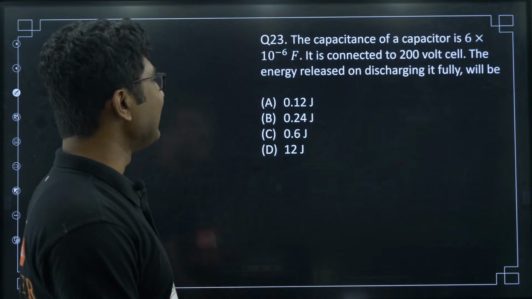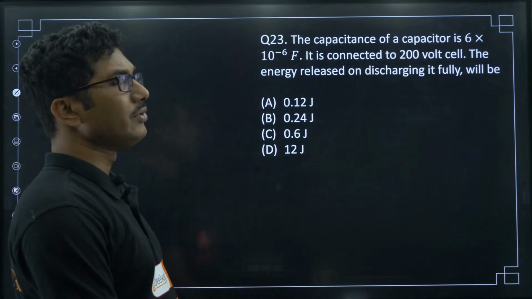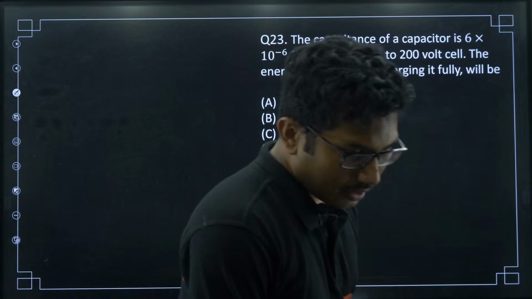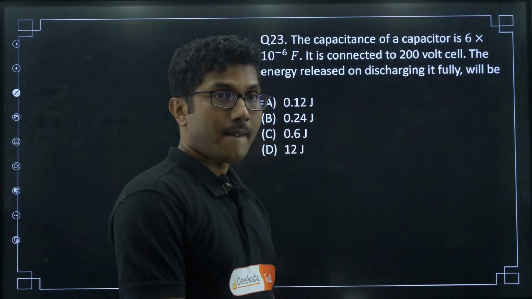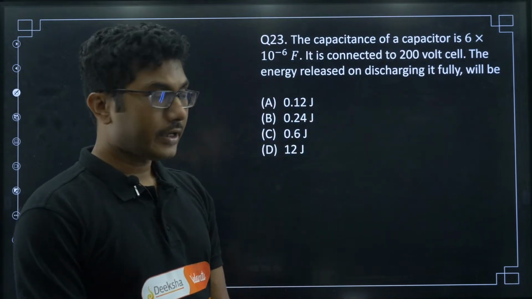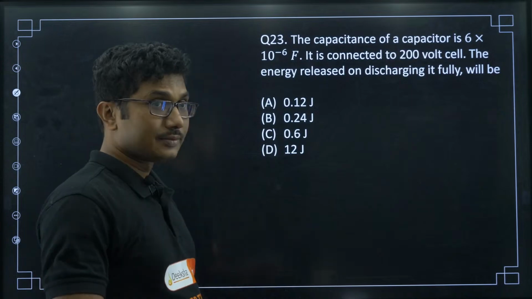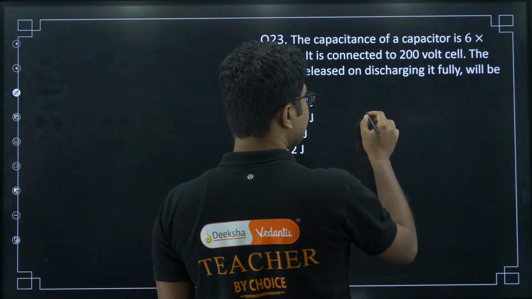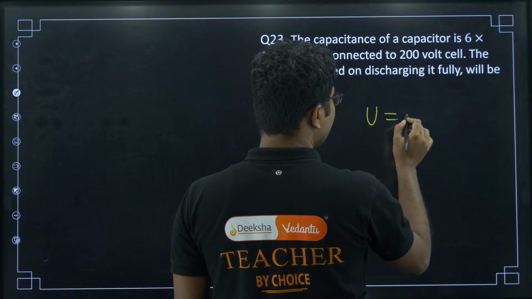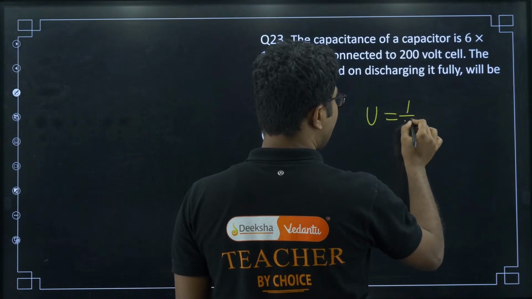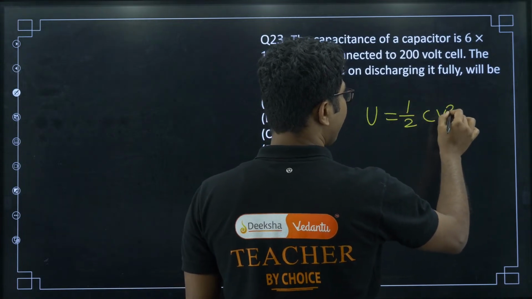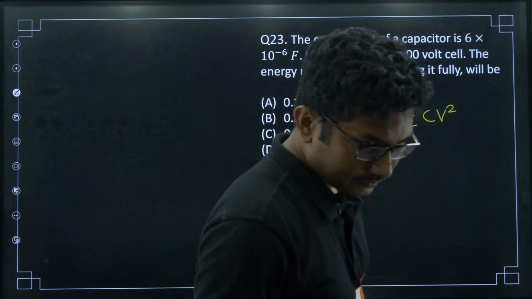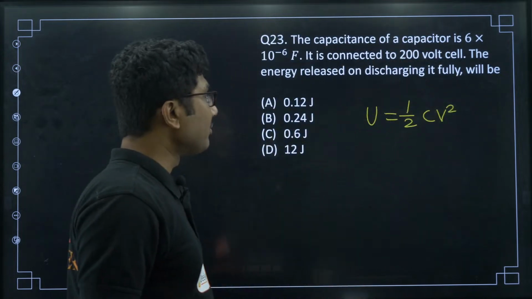The energy released on discharging it fully will be. So, we know that the energy stored in a capacitor is half CV square. Use the formula to calculate.